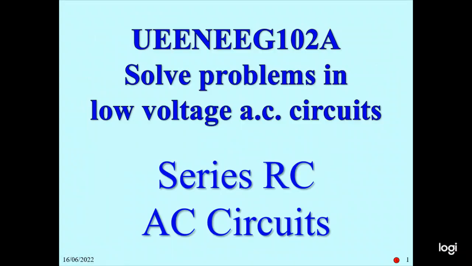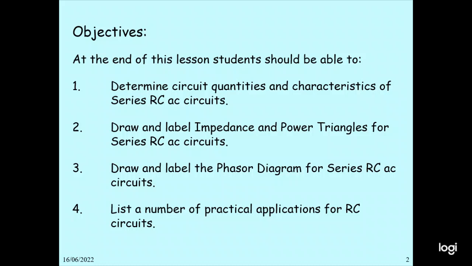So for the series RC circuit we have to calculate. At the end of this lesson, students should be able to determine the circuit quantities and characteristics of the series RC AC circuit, draw and label the impedance and power triangle for the series RC AC circuit, draw and label the phasor diagram for the series RC AC circuit, and list a number of practical applications for RC circuits.